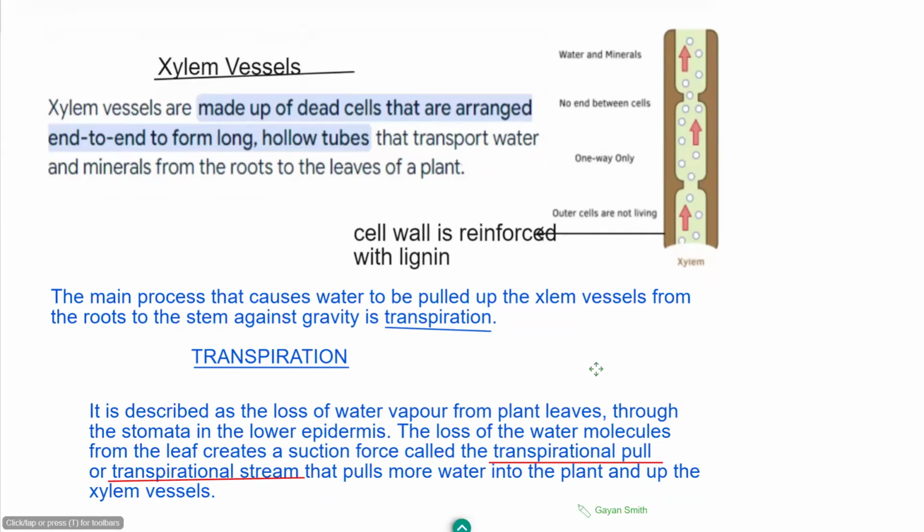I'm going to give it some more time, guys, because I'm going to have to completely scroll away from this to put up the other diagram that we're going to look at, this transpirational pull or this transpirational stream. So let me give everybody some more time to finish writing it off.